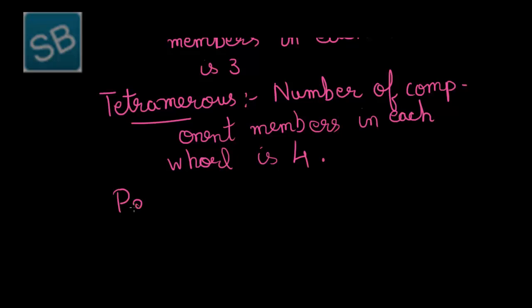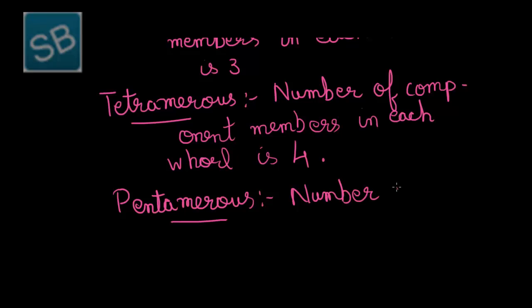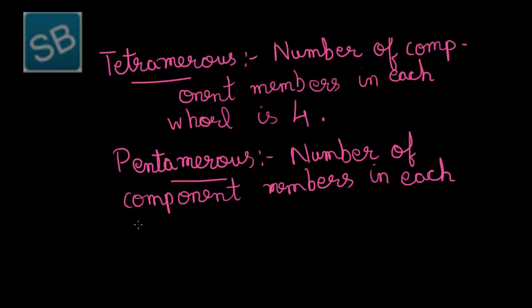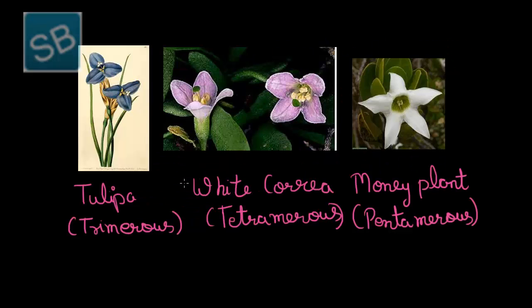Third, that is pentamerous, in which the number of component members in each whorl is 5. These figures indicate the trimerous, tetramerous and pentamerous flowers.